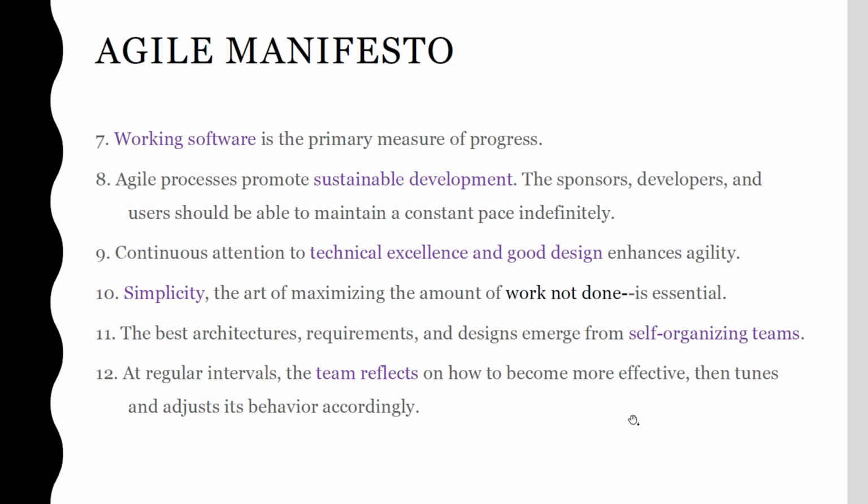Next, at regular intervals, the team reflects on how to become more effective, then tunes and adjusts its behavior accordingly. That means we used to have best practices meetings earlier also, before Agile.